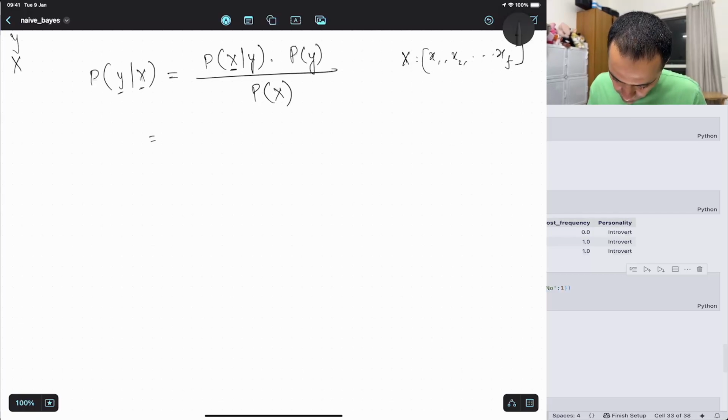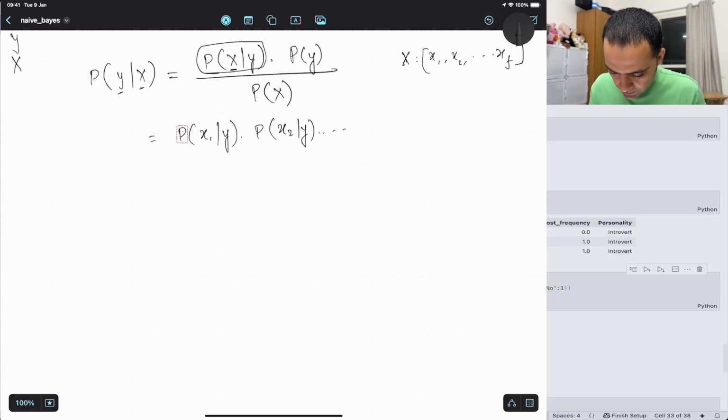So we can break this component in the equation as a product: the probability of x1 given y times x2 given y and so on, times P of y, whole divided by P of x.